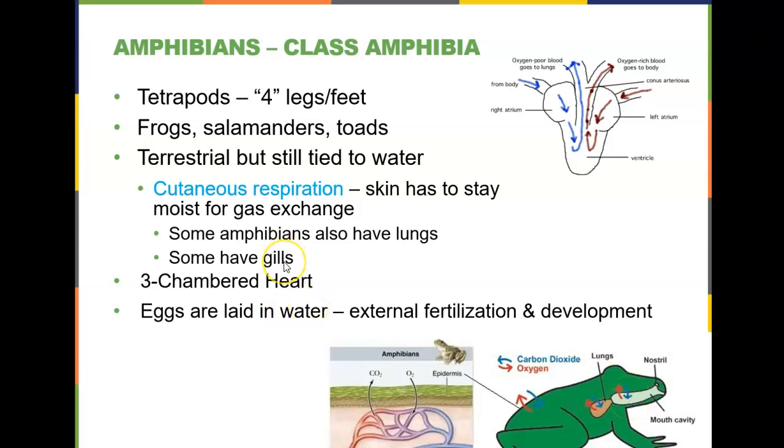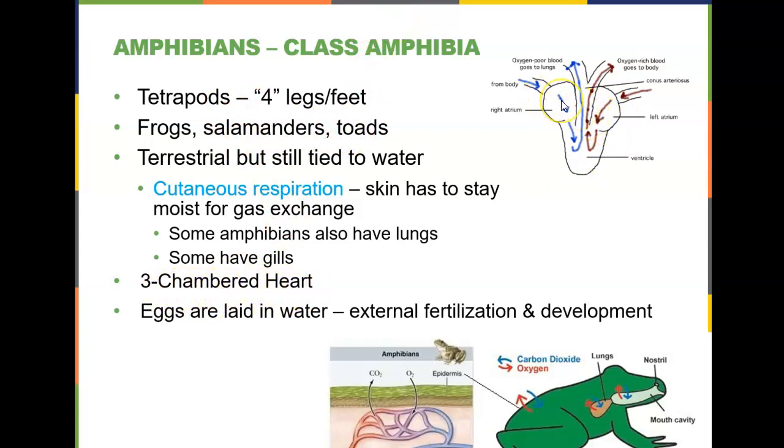And some examples of amphibians may retain their gills as well. Amphibian means 2 lives, so they begin their lives as a tadpole, which is completely aquatic, and then they metamorphose into the adult form, which is able to live on land.